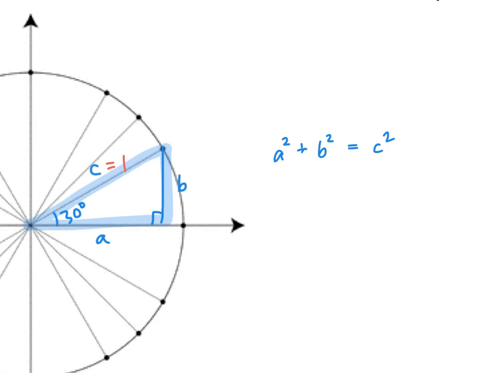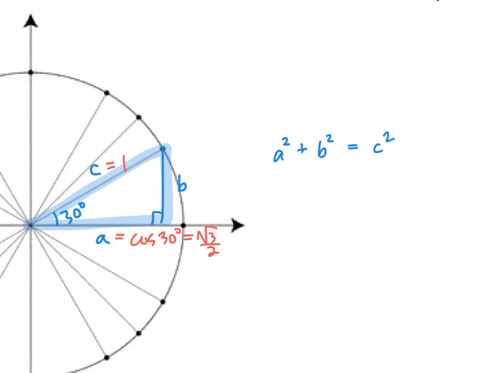Since this is 30 degrees, recall that the length in the x direction is cosine, and the length in the y direction is sine. So we can say that this part is cosine 30 degrees, the x part of 30 degrees, and we know that number is square root 3 over 2.